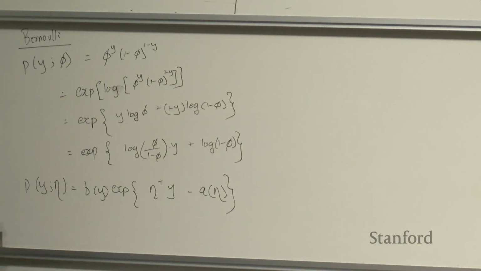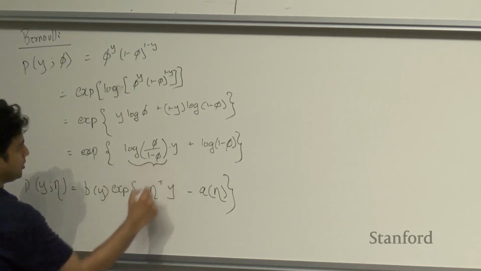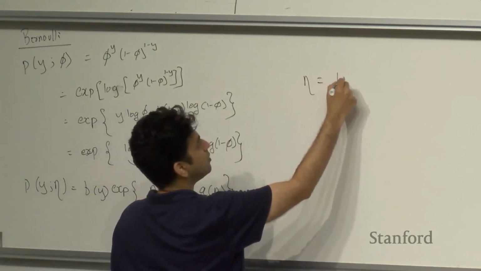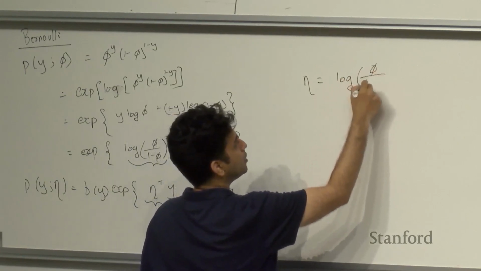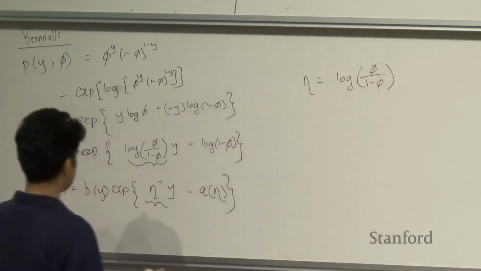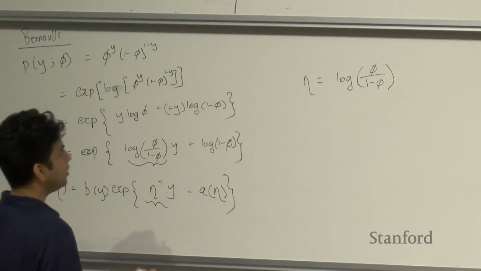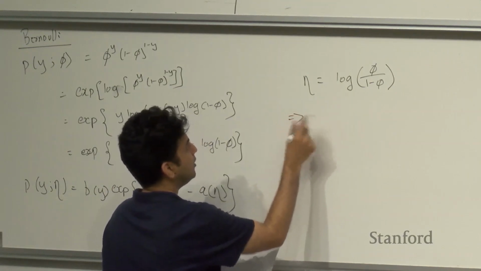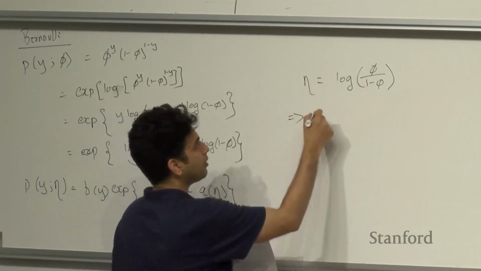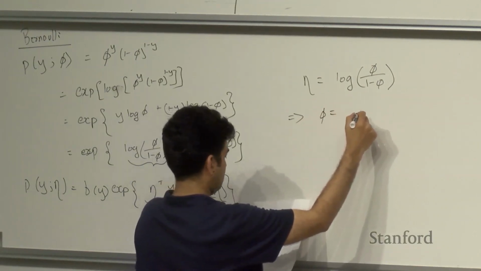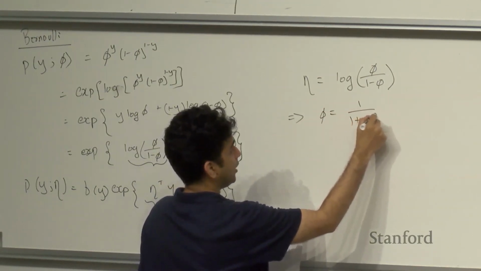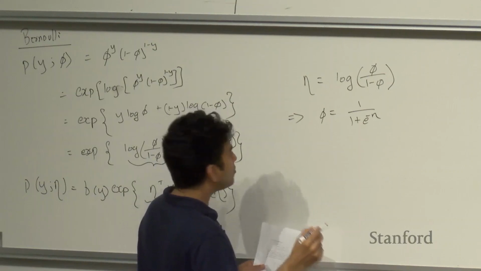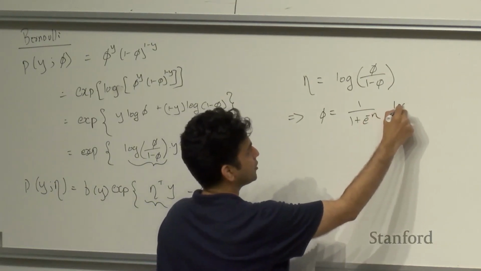So first thing we notice is that this is eta, so eta equals log phi over 1 minus phi, right? And this implies, if we invert this, we get phi equals 1 over 1 plus e to the minus eta. And surprisingly and not coincidentally, this is the logistic function.